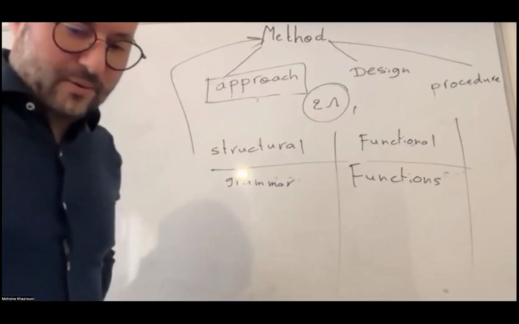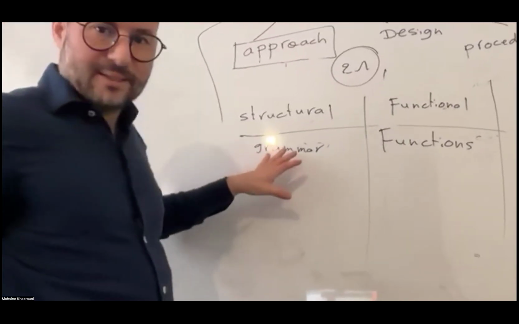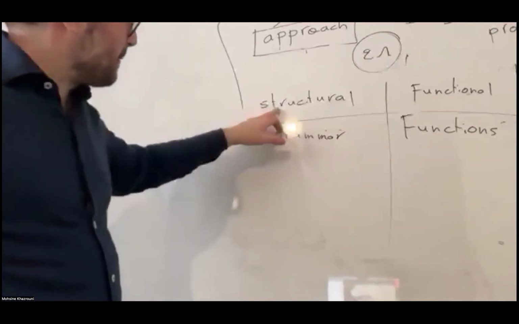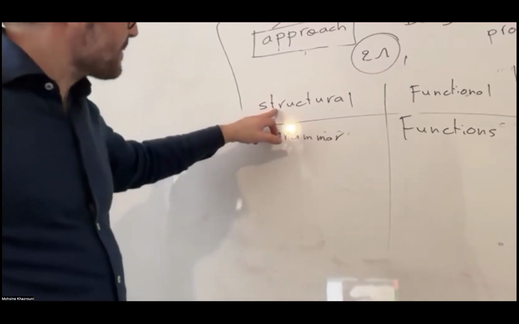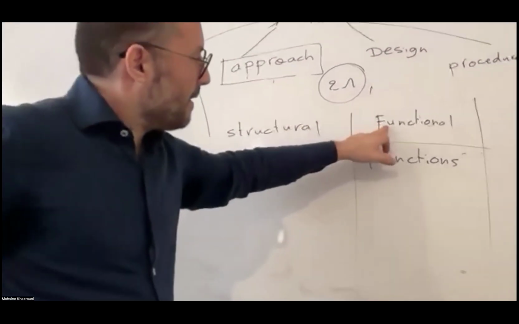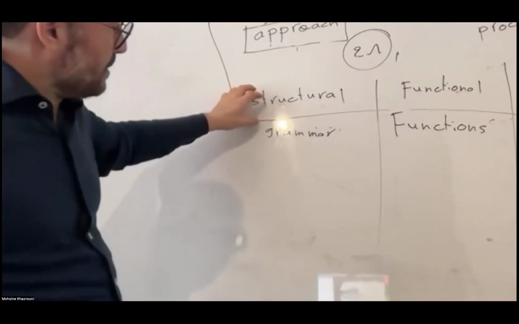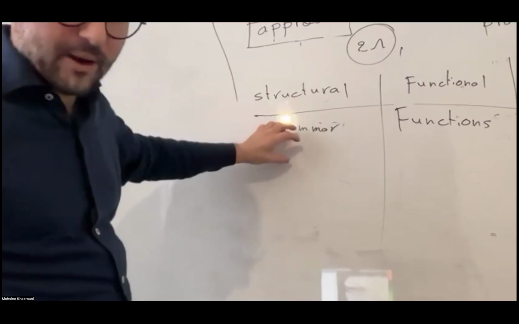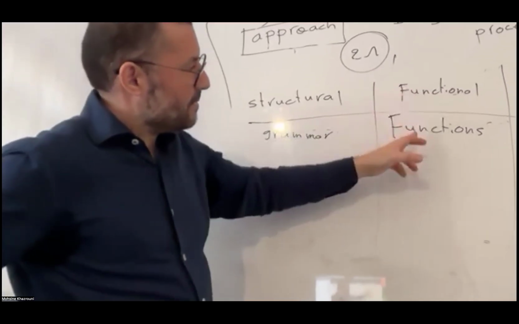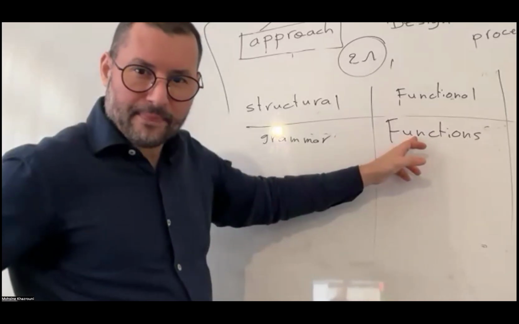Just to simplify or elaborate or explain more, you can do that by looking at this table. So can you read, Fatima Zahra? Structural, functional. So structural, we can talk about grammar, syntax, but here, we focus more on the functions.